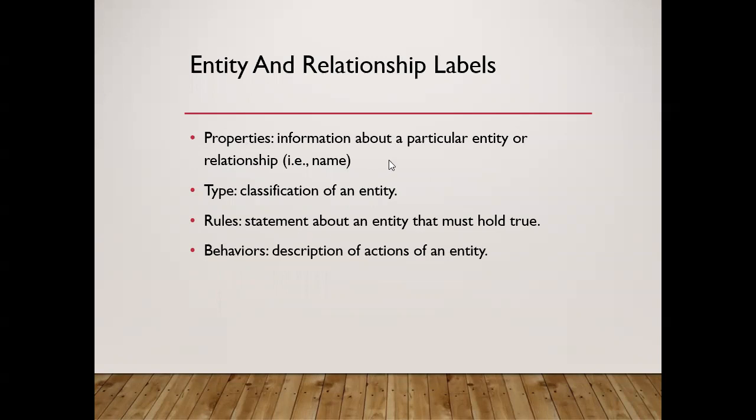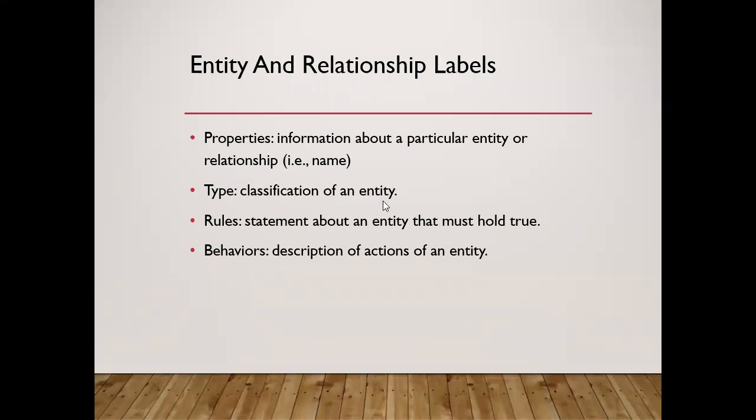So properties are the information that we store about a particular entity. For example, your name, your student number, these are properties that we would store about the entity of a student. So a student has a one-to-one relationship with their name. A student has a one-to-one relationship with their student number.